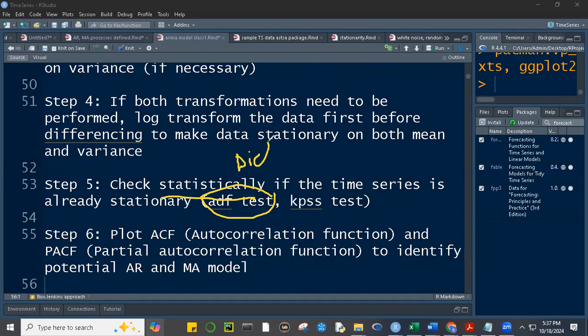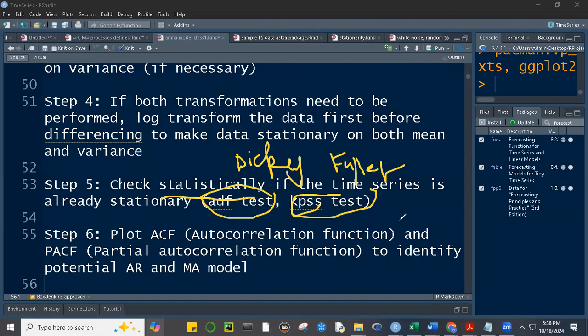Dickey-Fuller from the person who developed this. D-I-C-K-E-Y Fuller. Or also, a more powerful KPSS test. Kwiatkowski, Phillips, whatever, no? Apat na names yan, test. Okay, so we can use this in order to statistically test kung stationary siya.